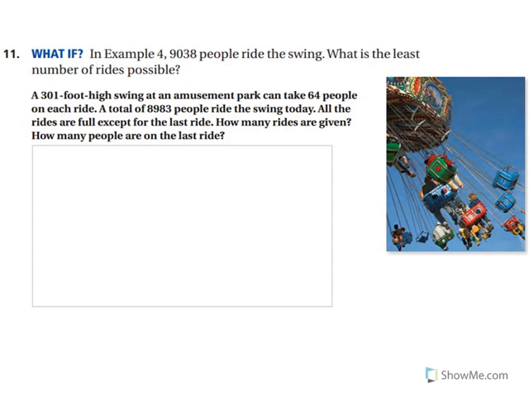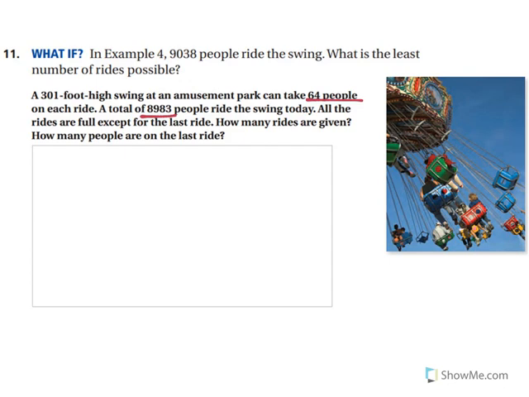Again, the problem was: a 301-foot-high swing at an amusement park can take 64 people on each ride. A total of 8,983 people ride the swing today. All the rides are full except for the last ride. How many rides were given? How many were on the last ride?